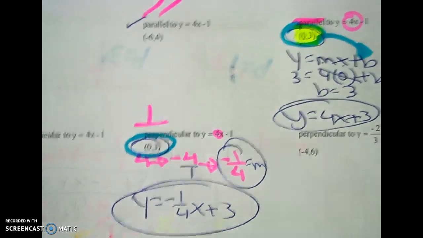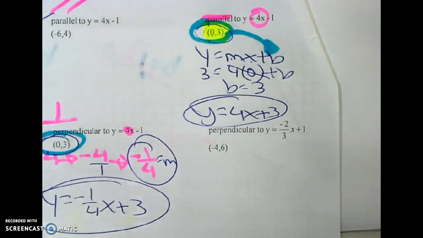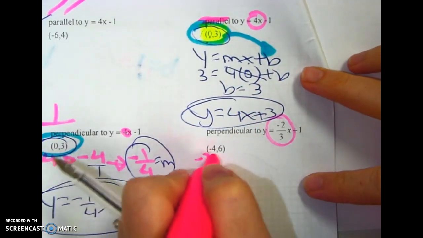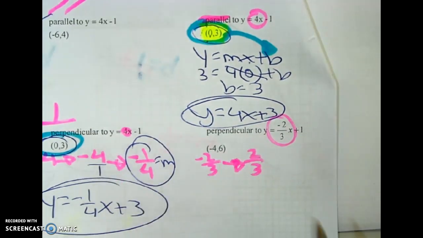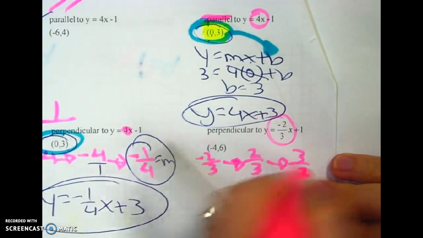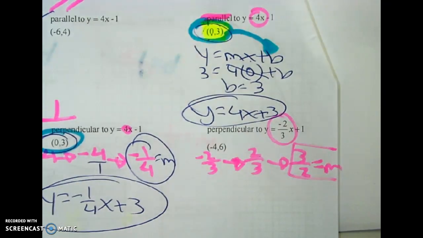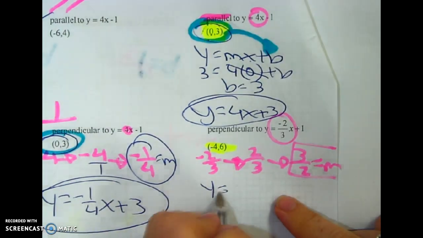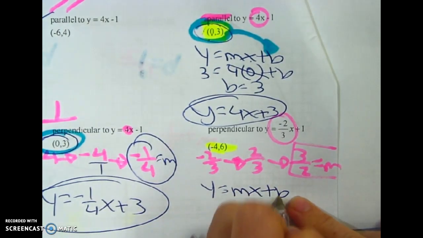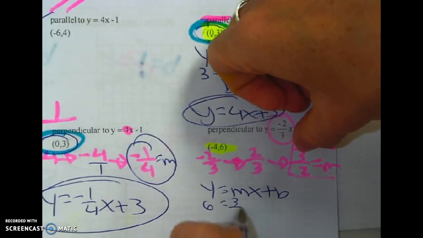Let's look at the next one. Okay, perpendicular. So that means I'm going to take the negative 2/3. I'm going to do the opposite. And then I'm going to flip it. That is my m. This isn't my b this time because there isn't a 0. So I'm going to go y equals mx plus b. 6 goes in for y. 3/2 is my m.